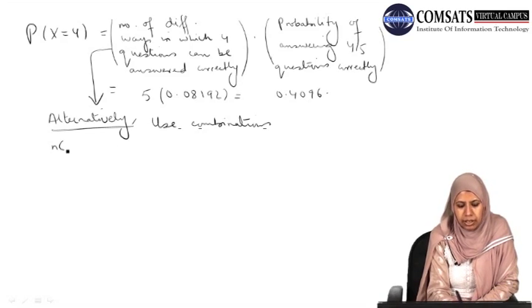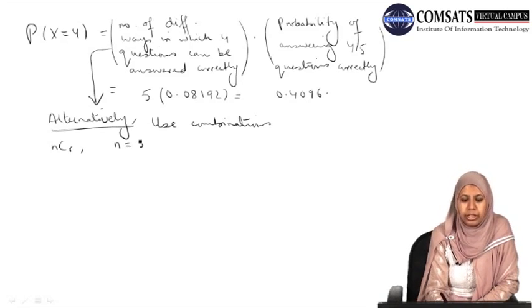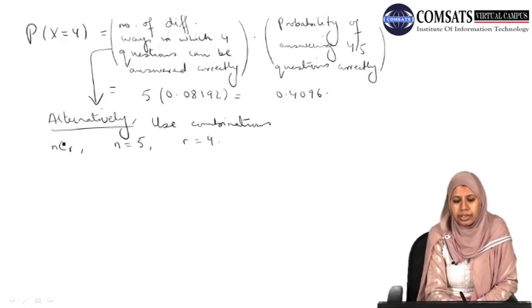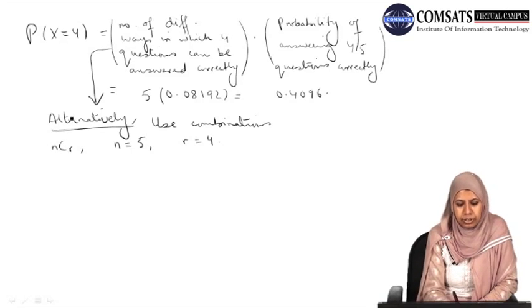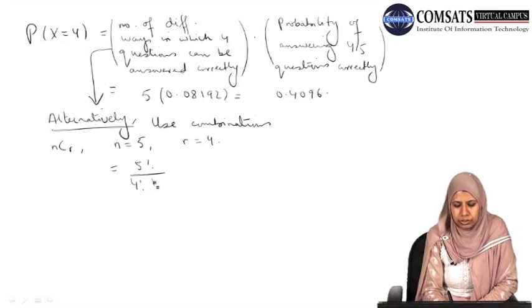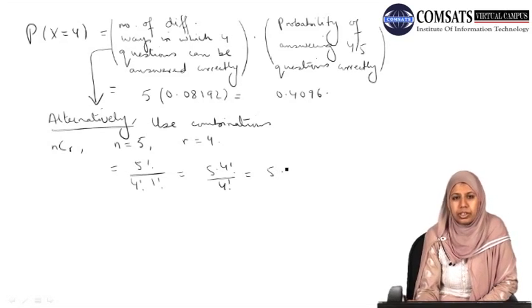Combination is nCr, where here n is equal to 5 and r is equal to 4, that is 4 questions answered correctly out of 5. So the number of different ways will be equal to 5 factorial divided by 4 factorial into (5 minus 4), which is 1 factorial, which is 5 into 4 factorial divided by 4 factorial, which is equal to 5.